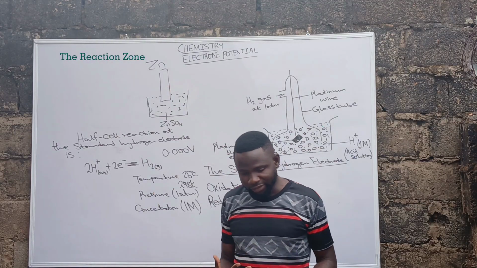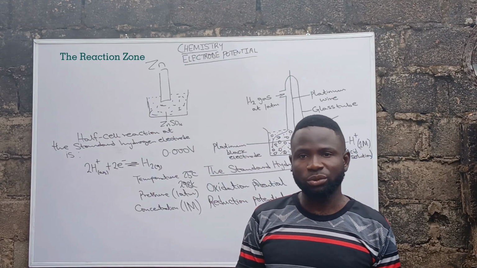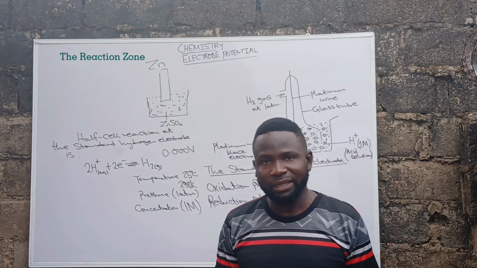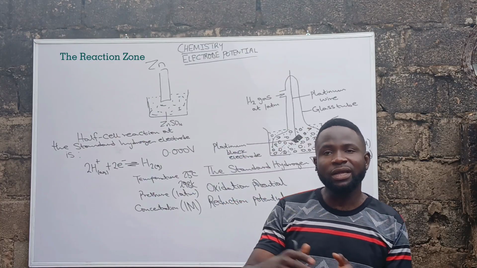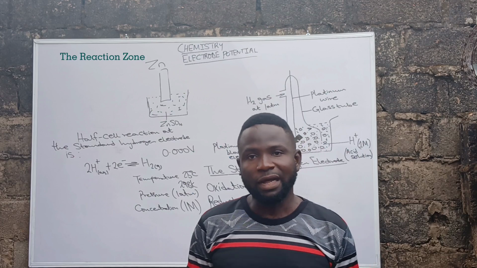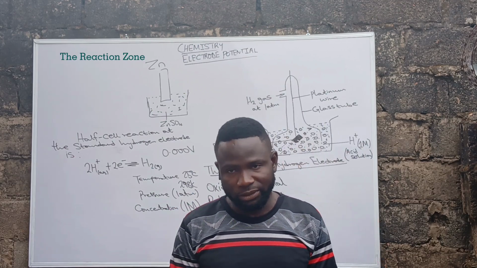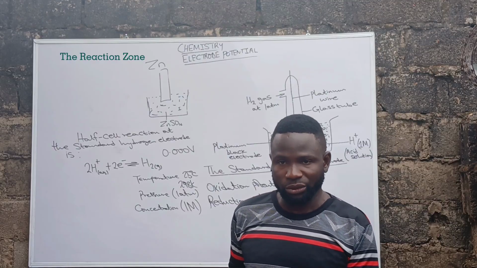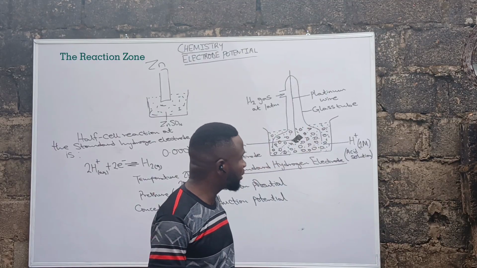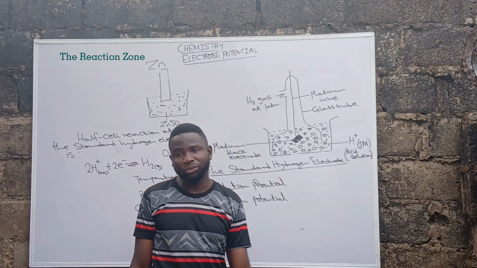So this is why I said that the electrode potential of a single electrode cannot be determined experimentally. That it has to be connected to another electrode whose potential is known. And that other electrode whose potential is known is the reference electrode. And what is used as the reference electrode in chemistry is the standard hydrogen electrode.